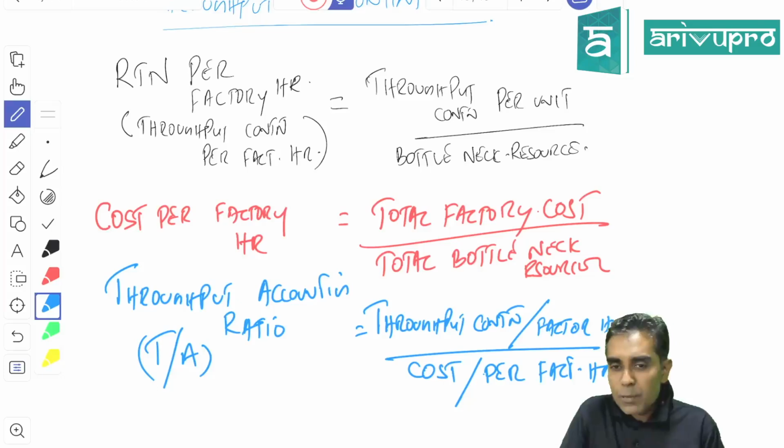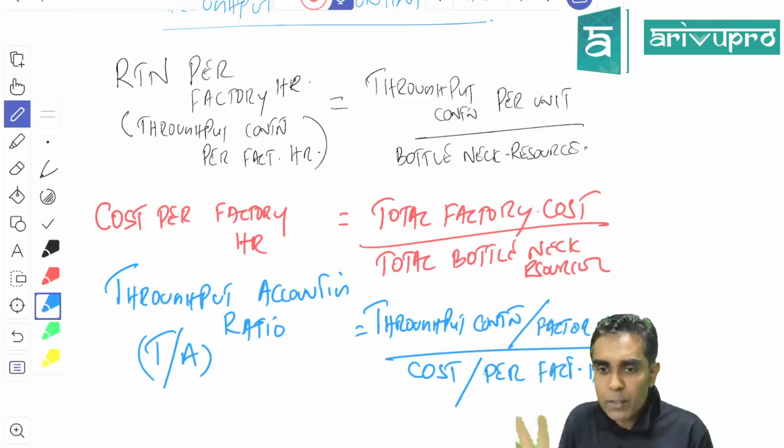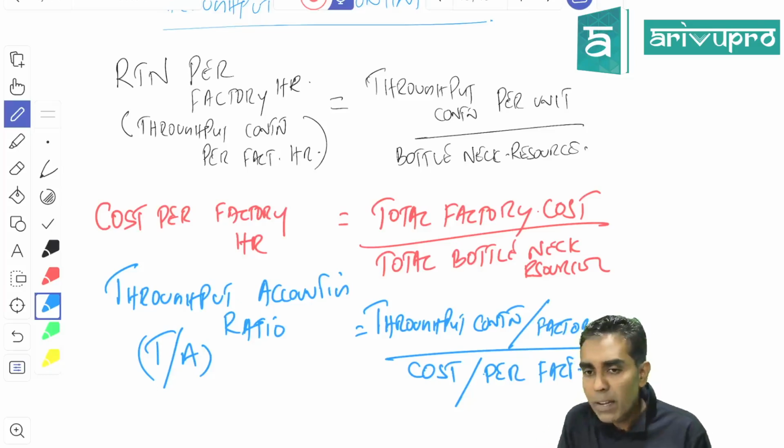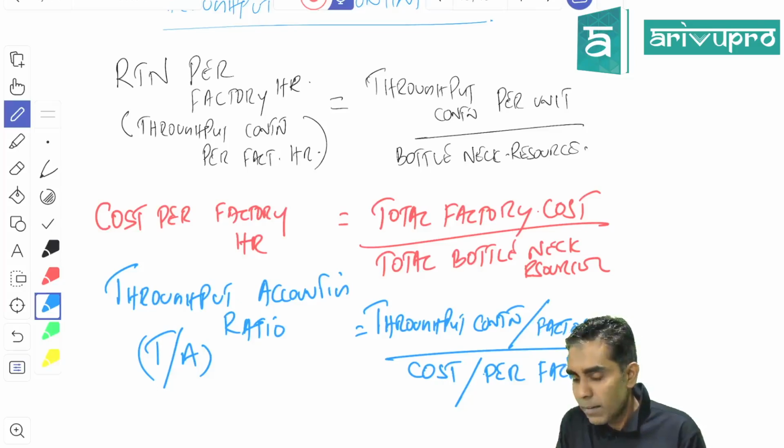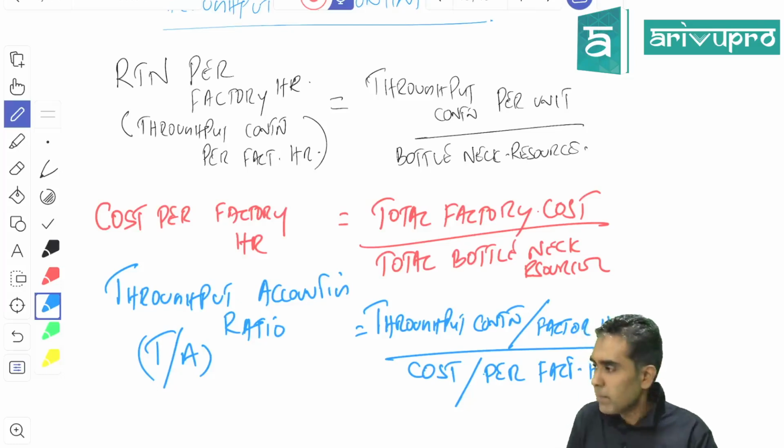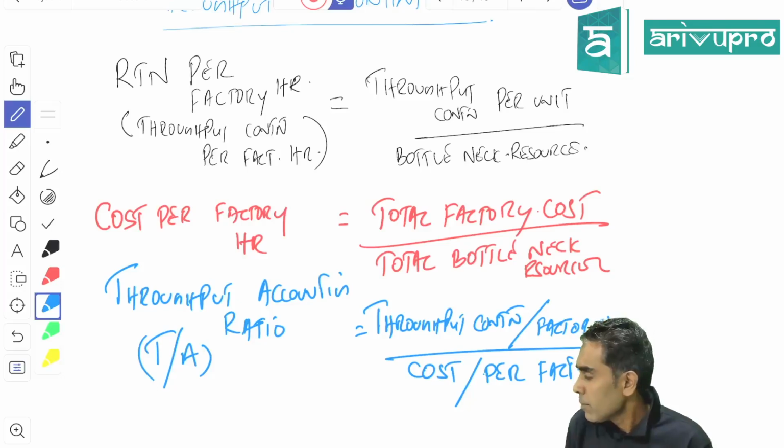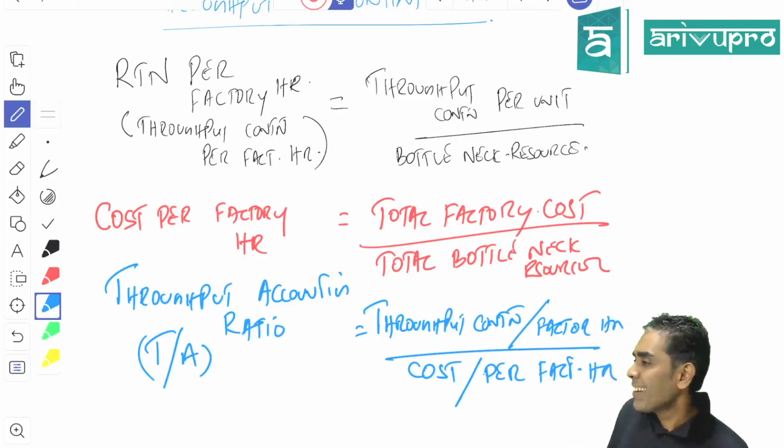If you want, in brackets, ratio number 1 divided by ratio number 2. Very simple. First one divided by second.